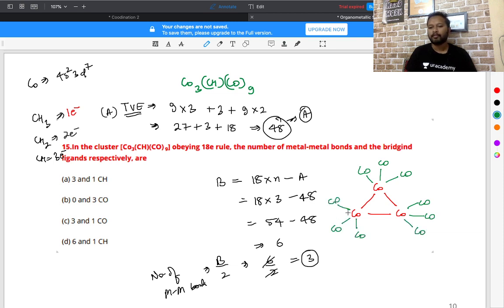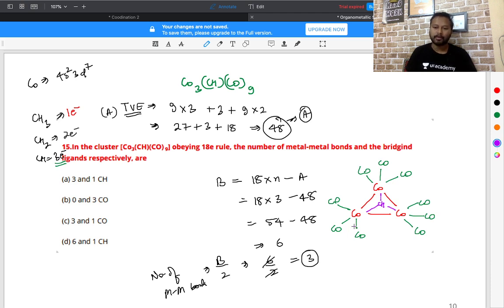Now since this CH unit is bridging, it will act as a bridging ligand over here, and it has a hapticity of 3. That means it can give 3 electrons. So we can write CH in the center, attached to all these 3. So 3 bonds are made by this CH unit.